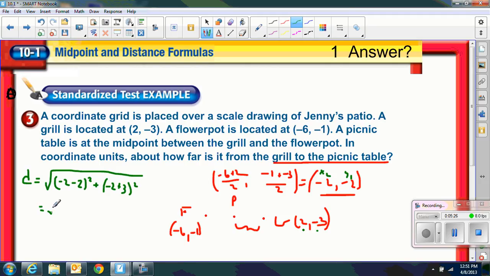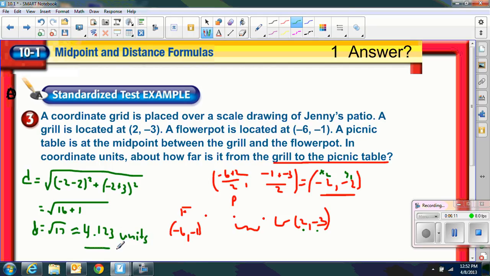So the distance is the square root of negative 2 minus 2, which gives me a negative 4. Square it to get 16, plus negative 2 plus 3 gives me 1. Square it to get 1. 16 plus 1 is 17. So the distance between the picnic table and the grill is the square root of 17 units, which is about, if we type this into my calculator here, 4.123 units away.